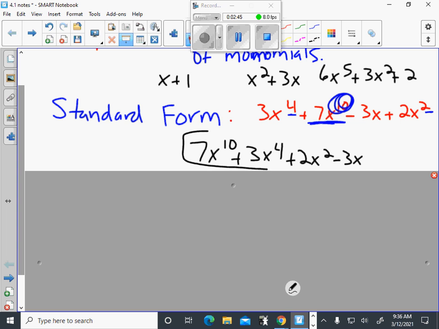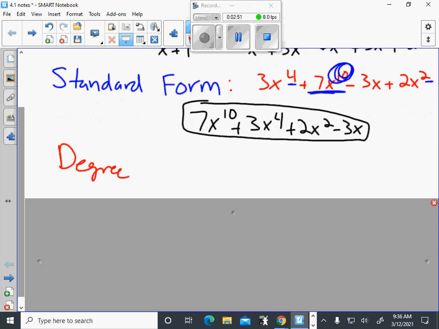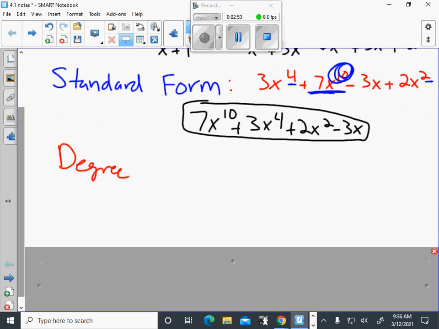This is standard form. The next definition is the degree. The degree of that function is the highest degree, which is 10.